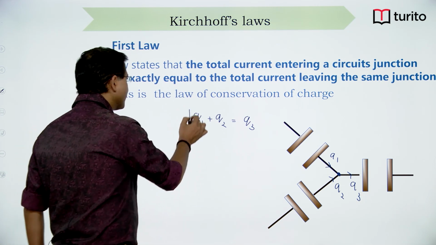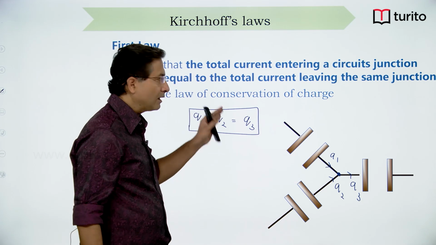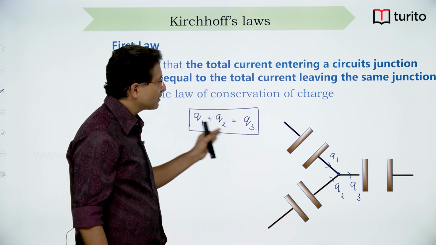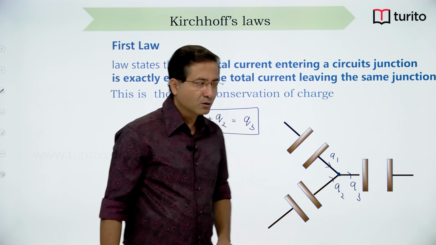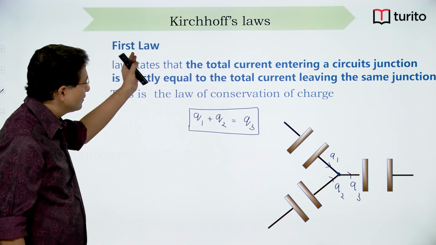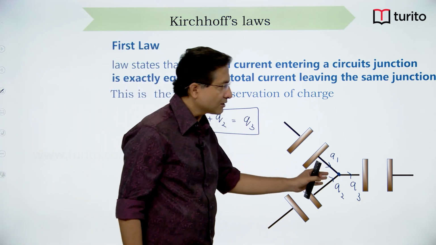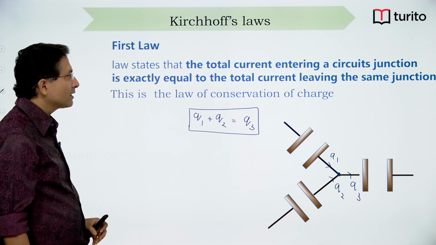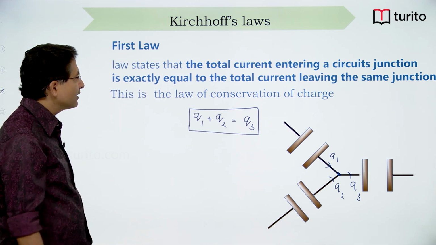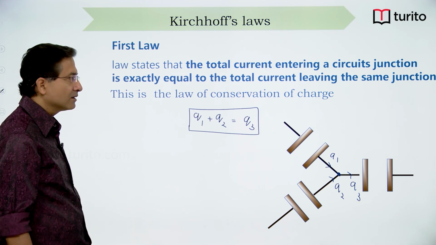Depending on the way I have considered the direction, I can write it the way I have written in the previous expression, or we can write it this way: whatever comes in goes out. This first law is basically the law of conservation of charge. If you read the statement written here, the law states that the total current entering a circuit junction is exactly equal to the total current leaving the same junction, right.